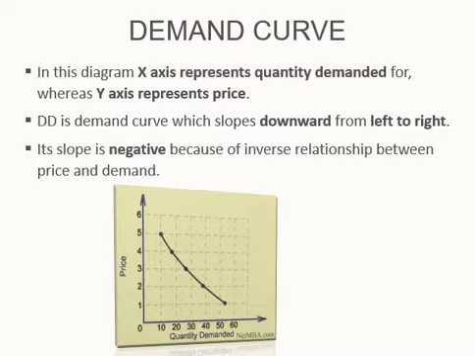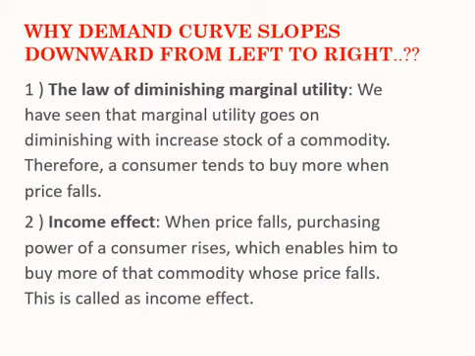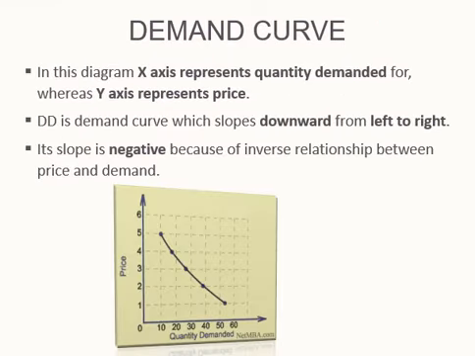Now, today we are going to learn about the demand curve, to be precise. Before learning why the demand curve slopes downwards from left to right, we should first understand what exactly a demand curve is.